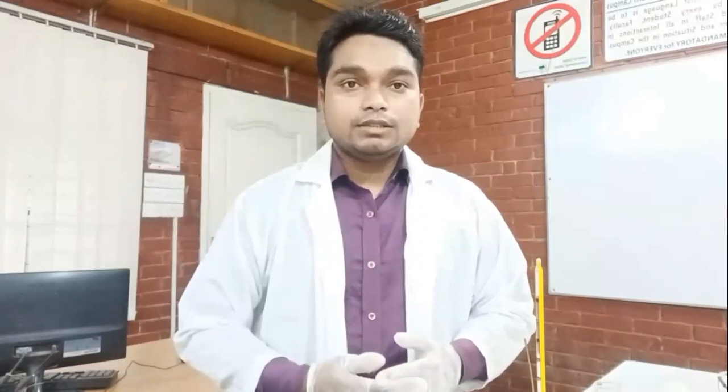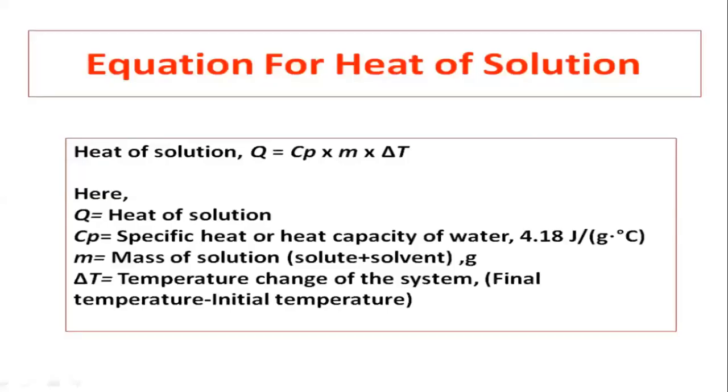To calculate heat of solution and enthalpy of solution, we have to follow two equations. One equation is for heat of solution, another is for enthalpy. The equation for heat of solution is Q = Cp × M × ΔT, where Q is the heat of solution, Cp is the specific heat capacity of water, and its value is constant.